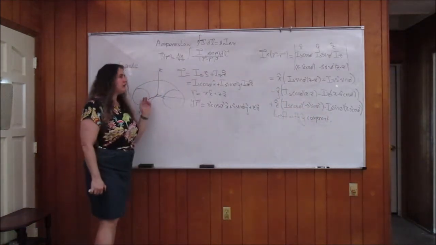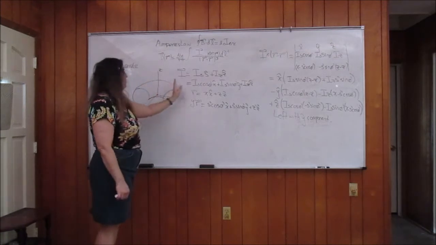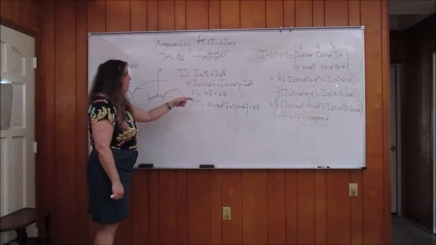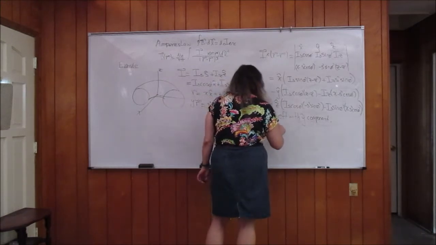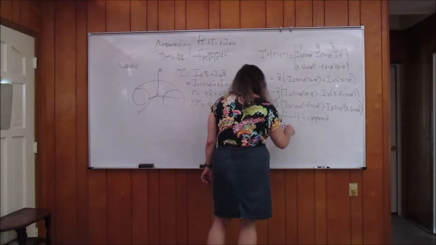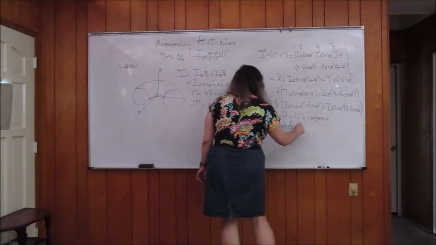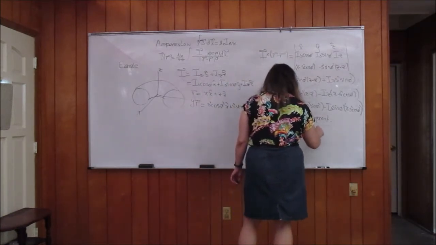Generalizing that to any particular plane, we'll see that the magnetic field has a component only in the phi direction.